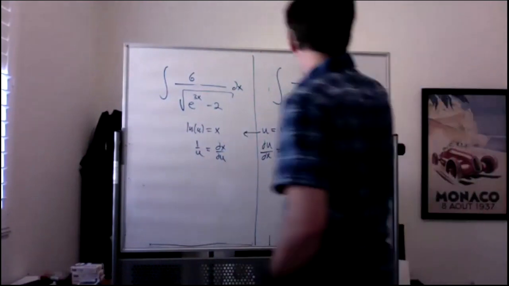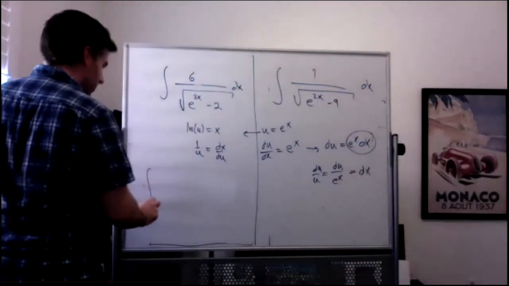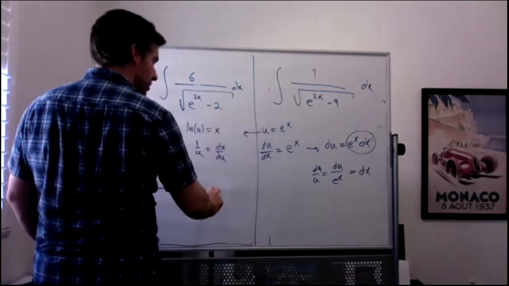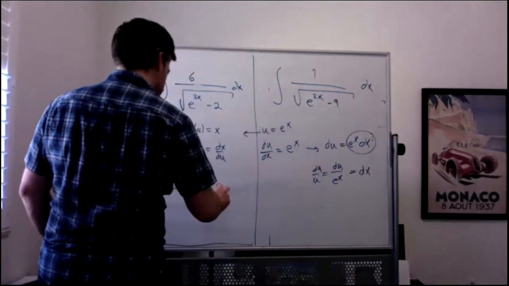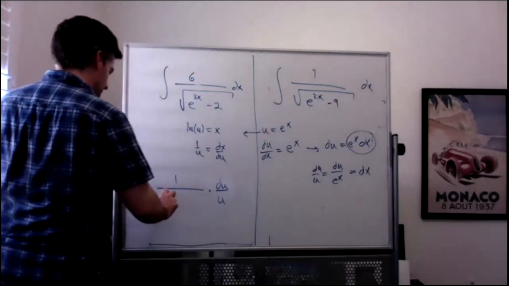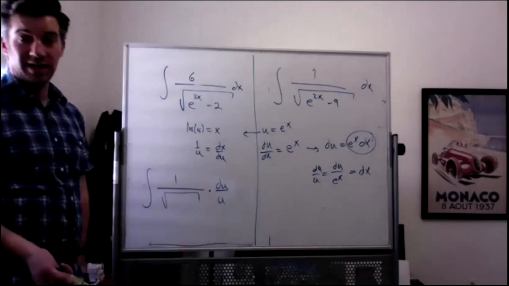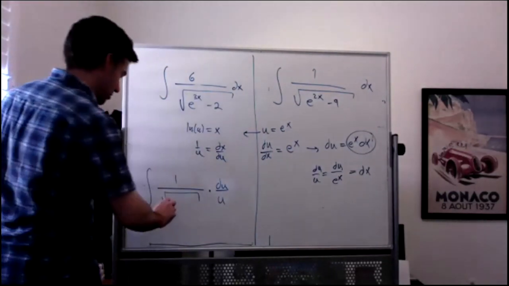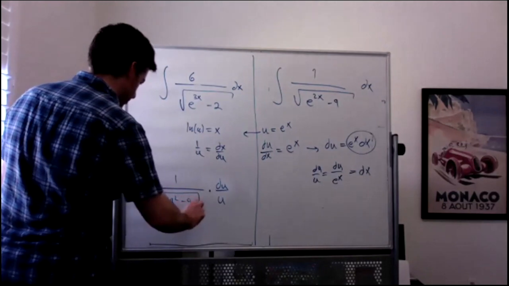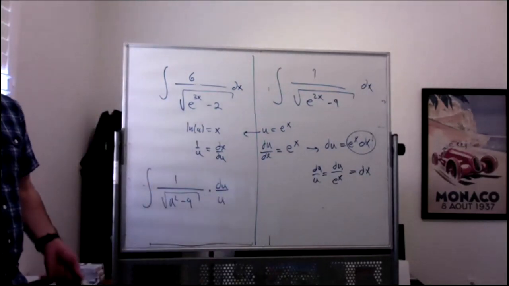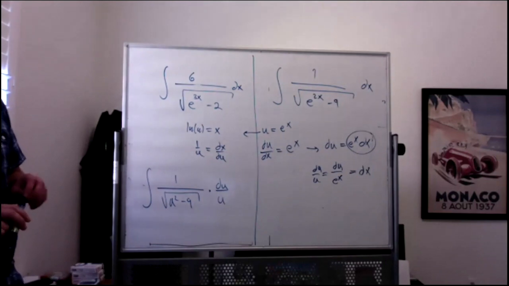So I'm going to rewrite this as, my dx becomes du over u, and my square root there becomes the square root of e to the 2x, which is e to the x squared, which is u squared. And yes, now it looks a lot like an arc secant thing.